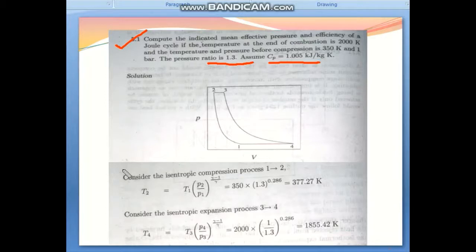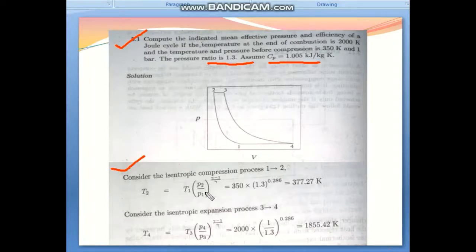So let's consider the isentropic compression process, that is 1 to 2. T2 is equal to T1 into P2 by P1 to the power gamma minus 1 by gamma, where T1 is the inlet temperature and P2 by P1 is the pressure ratio.